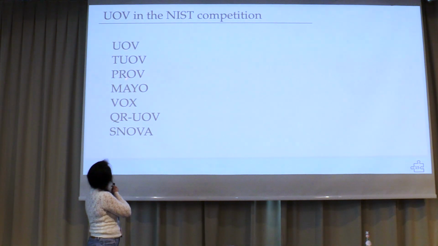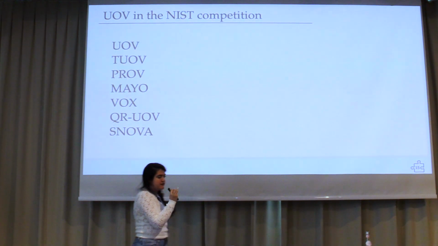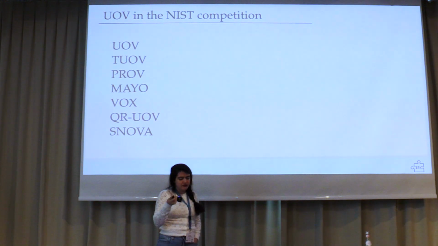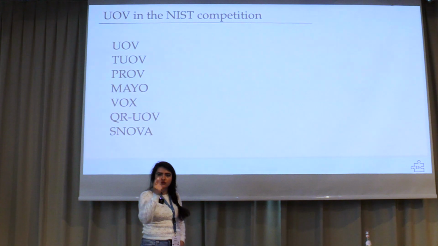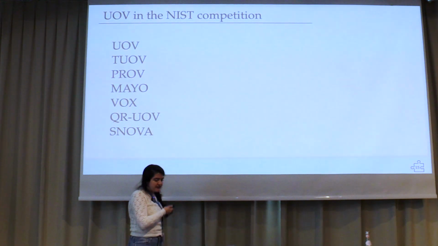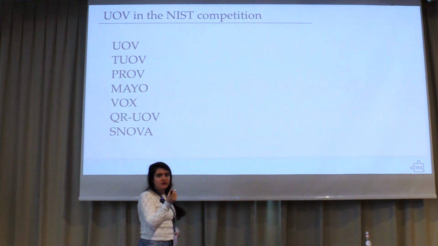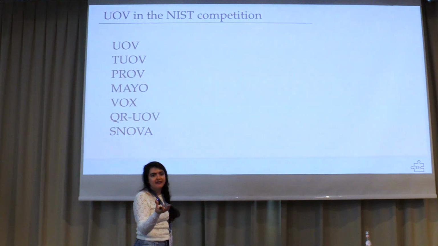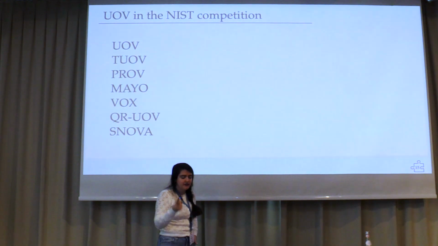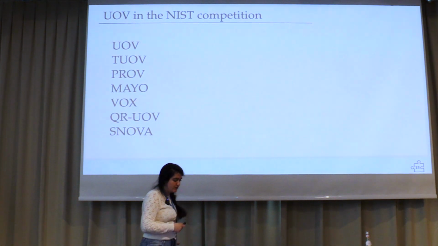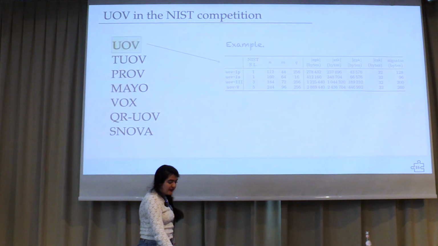Then Prov, which is turned toward the provable side. It goes towards more security. All of the others do riskier stuff at the academic level, but obtain a lot better performance, to see whether this works out. So Mayo, Vox, and so on.